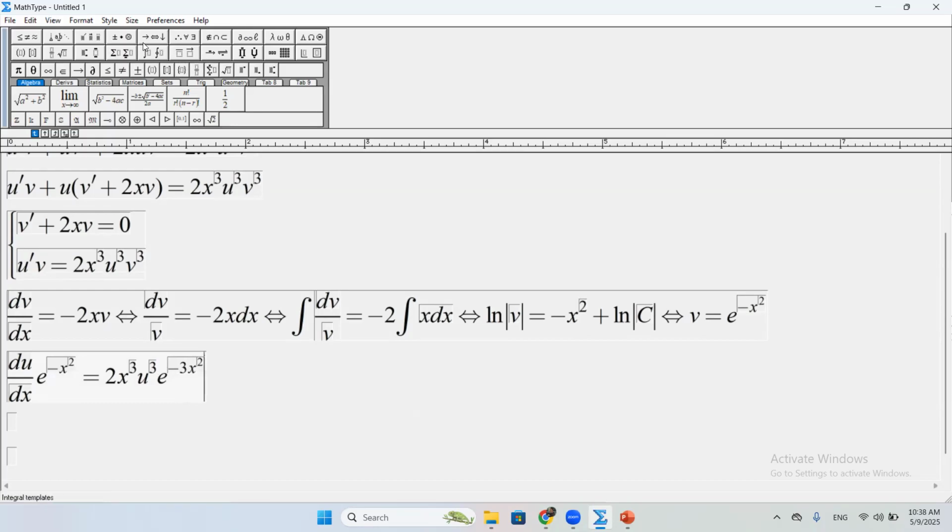So now we are finding u. So du by dx, multiplying by e to the power of x squared, we receive here e to the power of minus 2x squared.